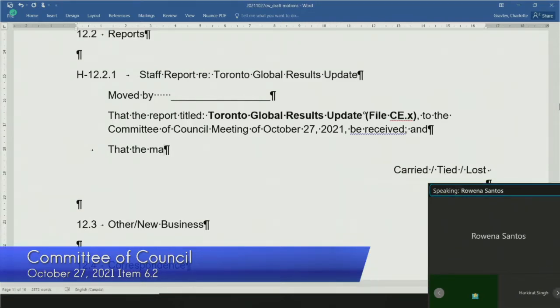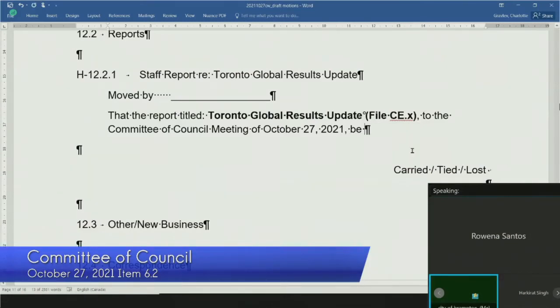Is that an appropriate addition, Mr. Clerk? Through you, Mr. Chair, that is a way to receive the report and put a note through a motion that the matter be considered during budget, or the report itself could be just referred to Budget Committee. Therefore, the report in its current state will be on the Budget Committee agenda for deliberation. Okay.